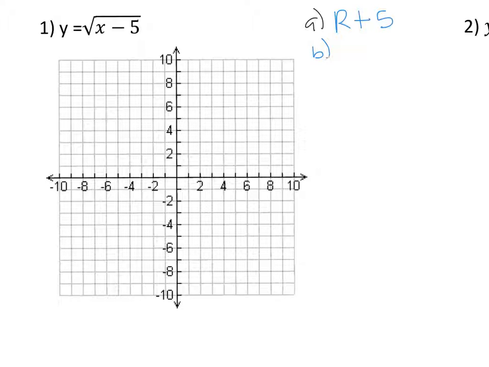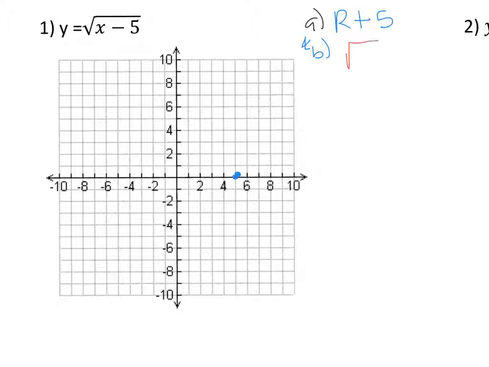That's all my transformation is here, because that's the only number I have. B is going to be graphing it. If I move right 5, I start at the origin, 0, 0, but then I move right 5. Here is my point right there. Now I'm just going to put a point anywhere on the right-hand side. I'm going to try 9.